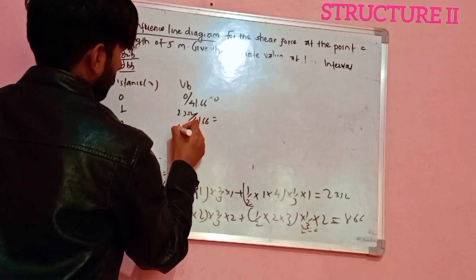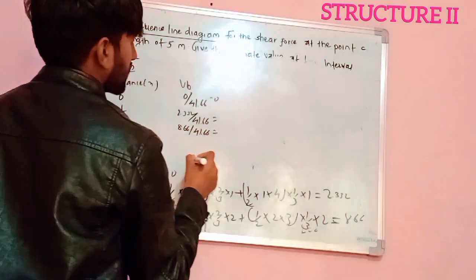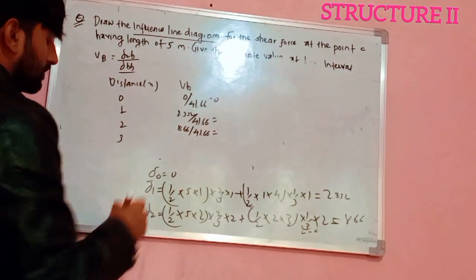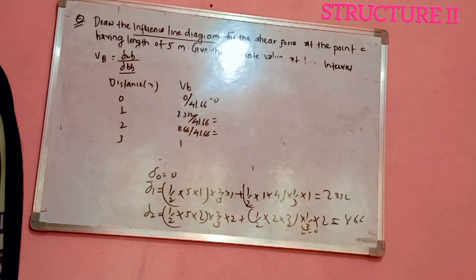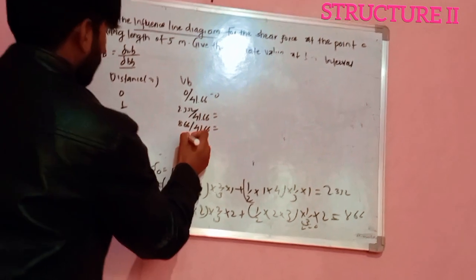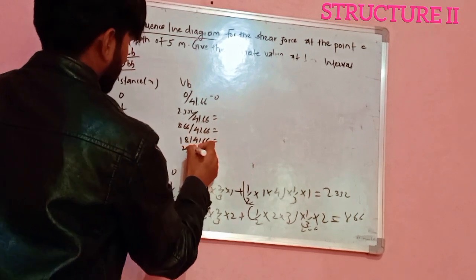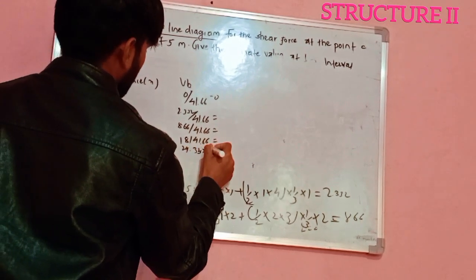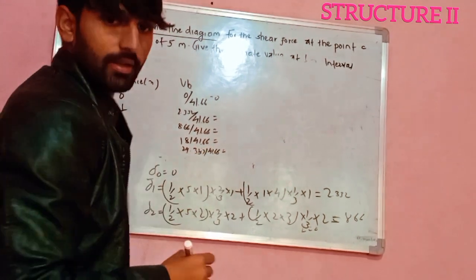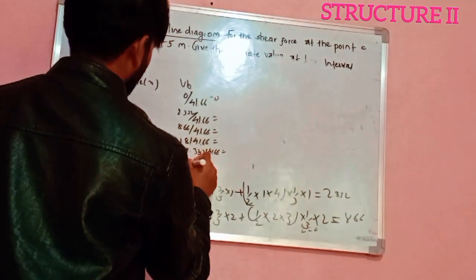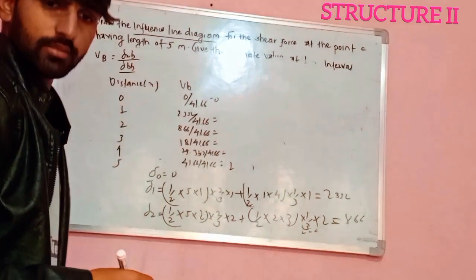For 2, you get 8.66 divided by 41.66. For 3, what was 3? 18, I guess. 18 divided by 41.66. Similarly, 4 is 29.332 divided by 41.66. And 5 is 41.66 divided by 41.66. Then we get 1.